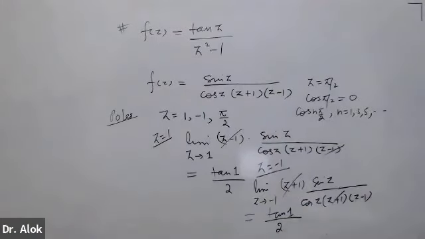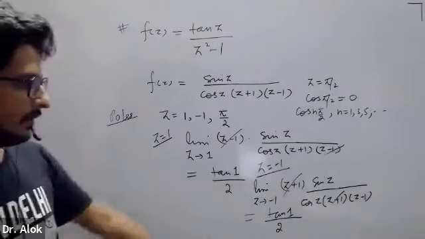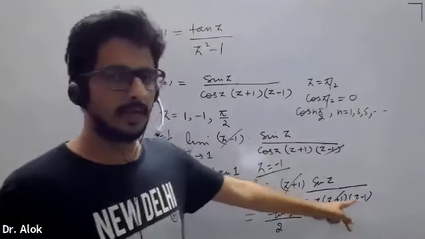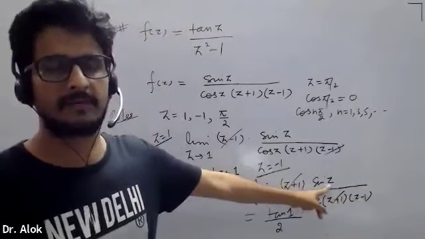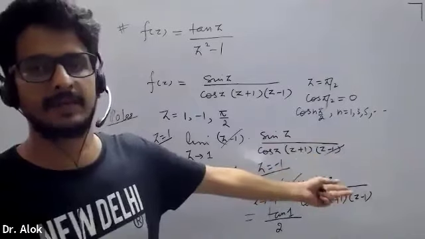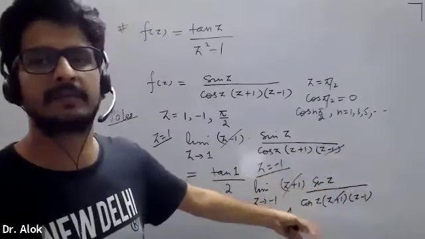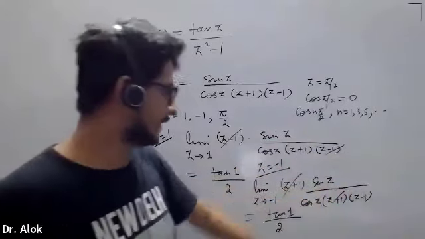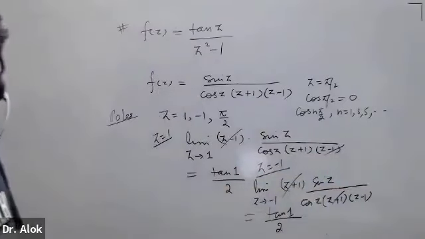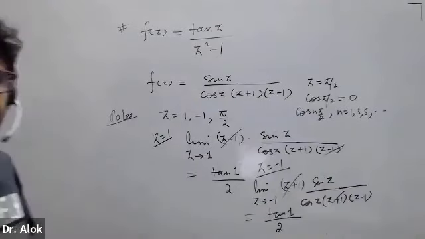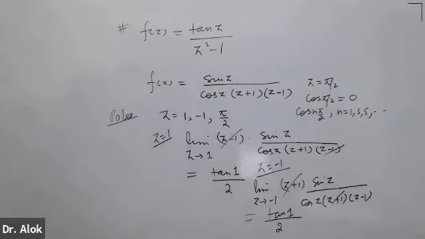Okay, because here it will come minus 2 and here it will come sine of minus 1, which will become minus sine 1, and cos of minus 1 will be cos 1, so that's why it will become tan of 1. Fine. So two residues we have calculated, about z is equal to 1 and about z is equal to minus 1. So let us go for the third one.